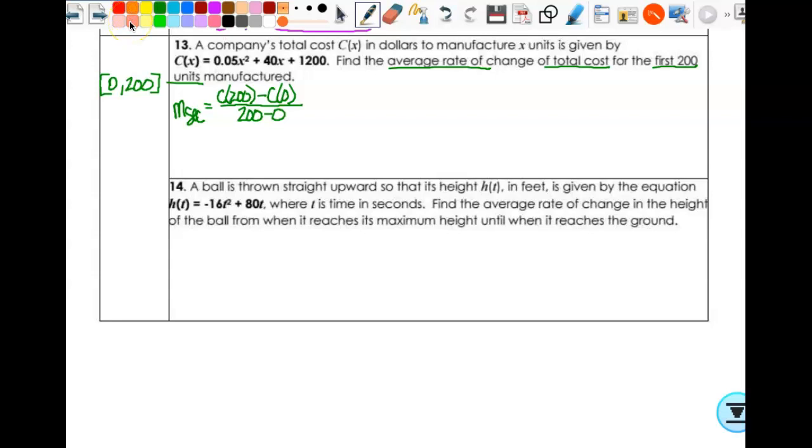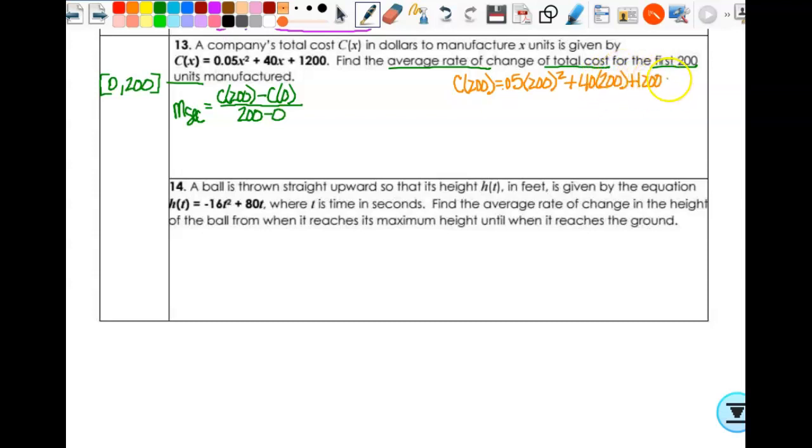Okay. So I need to find C of 200. That's going to equal 0.05 times 200 squared plus 40 times 200 plus 1200.